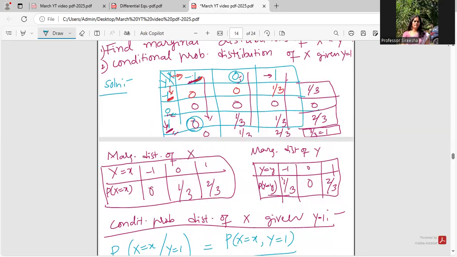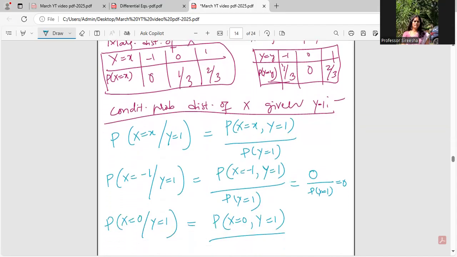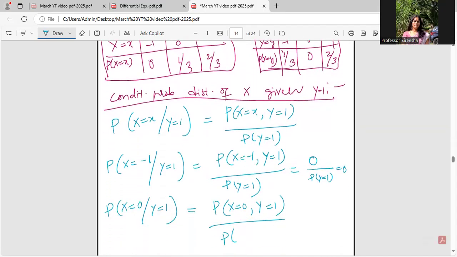And P of Y equal to 1, the marginal probability which I have written here, is 2/3. So 1/3 by 2/3 would be 1/2.